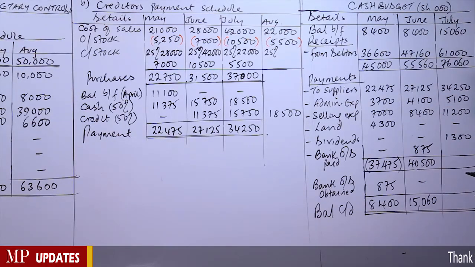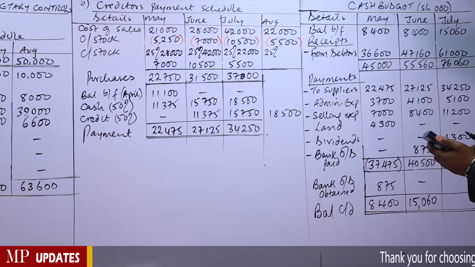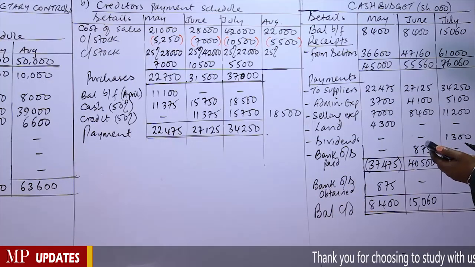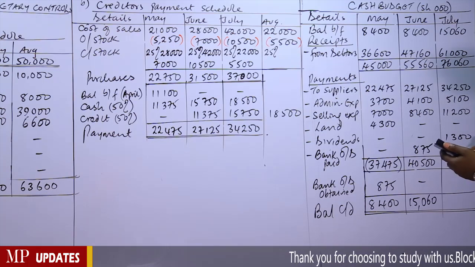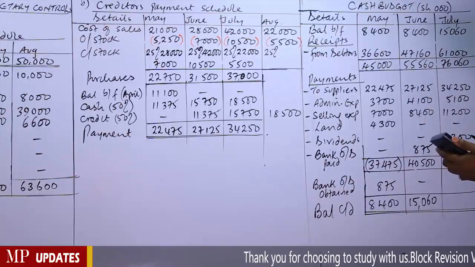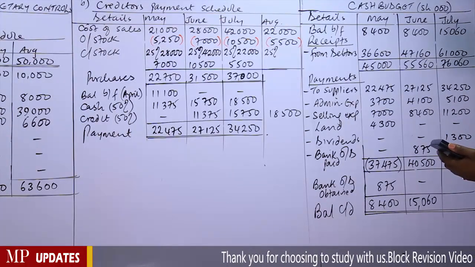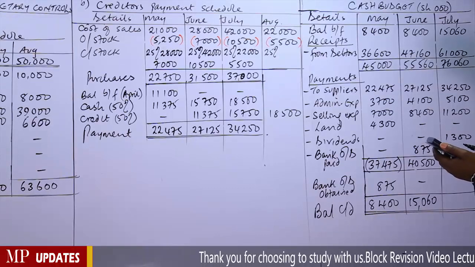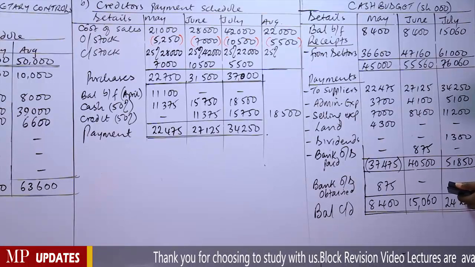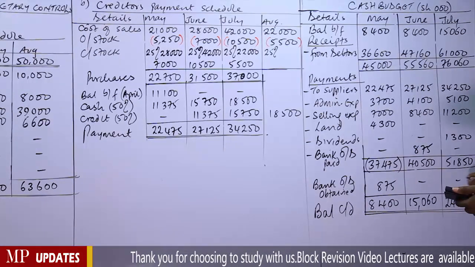When you determine the payment, and there is no overdraft to pay, 34,250 plus 5,100 plus 11,200 plus 1,300 gives us 51,850. If you offset that from 76,060, we shall get a balance of 24,210. No overdraft to obtain, and that's a dash.